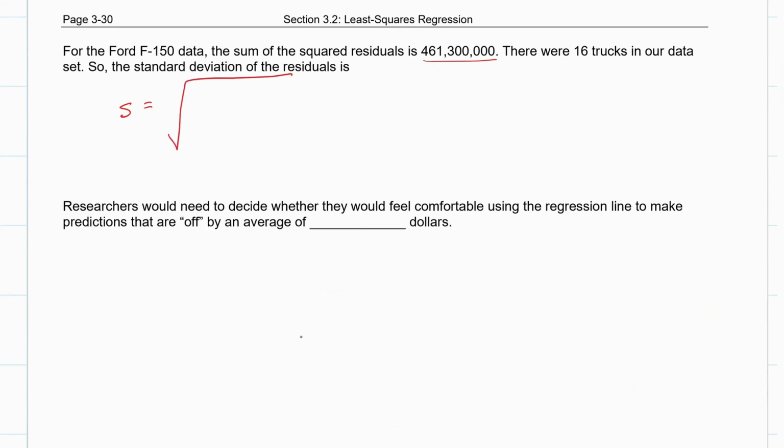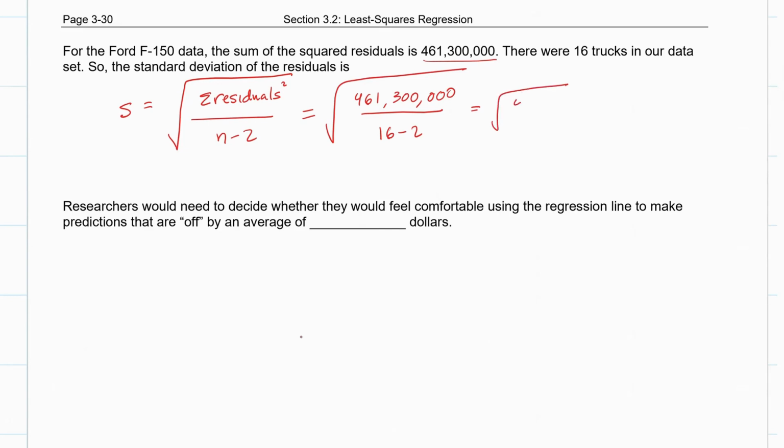Its formula is the square root of the sum of the squares of the residuals divided by n minus 2. In this case, that's 461,300,000 divided by, in this case, there were 16 trucks in the data set, so 14.